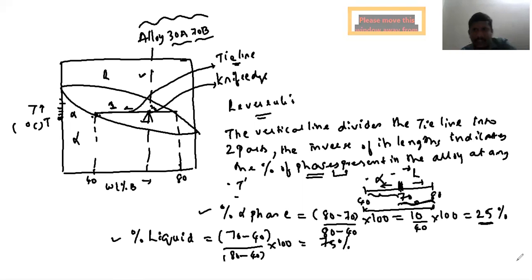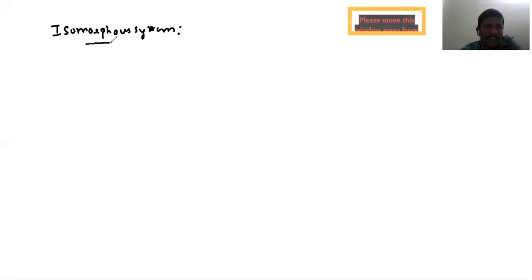So basically we are discussing an isomorphous system. In an isomorphous system, we consider two metals, or two components, A and B. They are completely soluble in the liquid phase, and they are completely soluble in the solid phase.